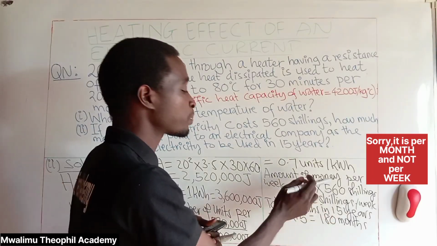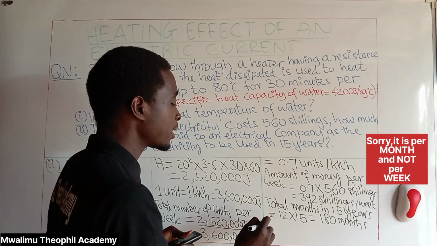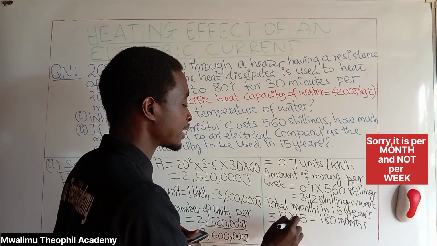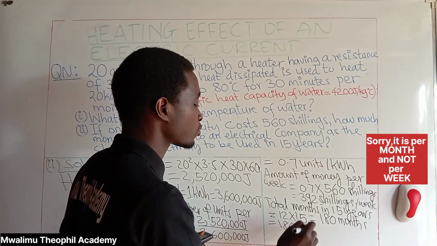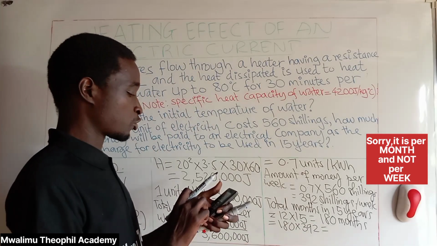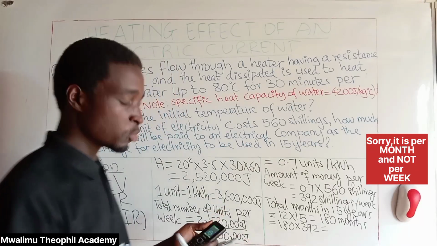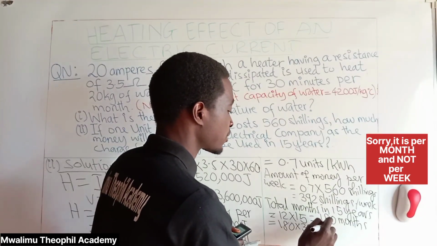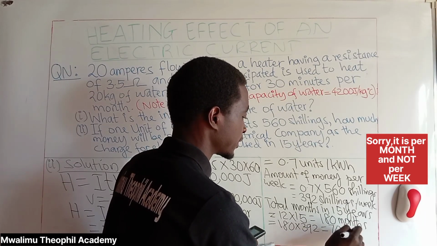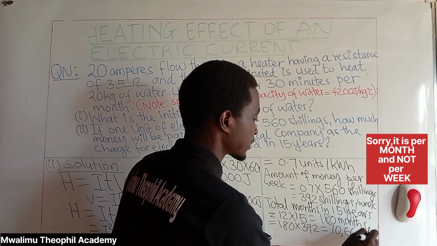It is just to multiply. So the total amount of money will be equal to 108 times 392. When you multiply this, you get 70,560 shillings.